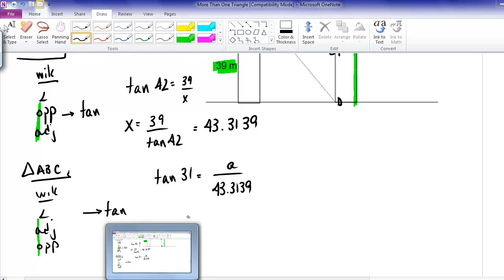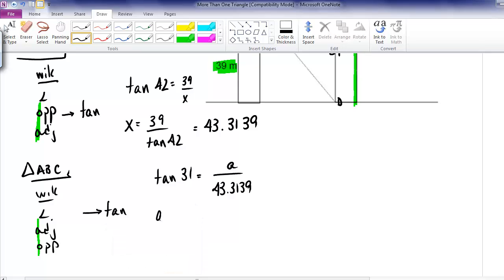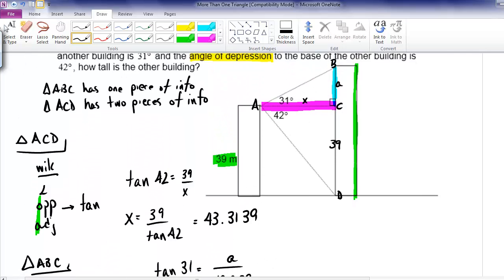And little a is equal to 43.3139 times the tangent of 31 degrees. And when we get that, we get 26.0256. So that's how long little a is.